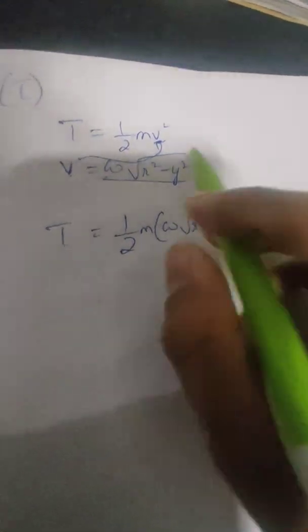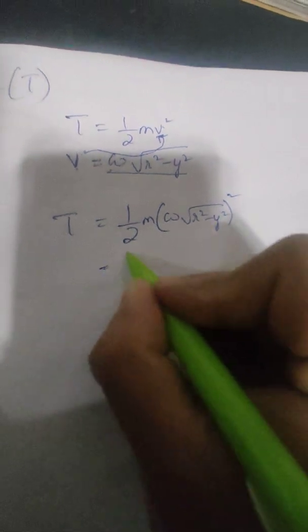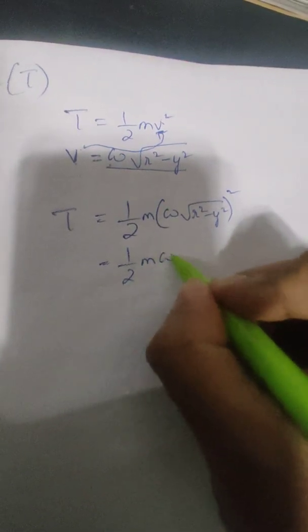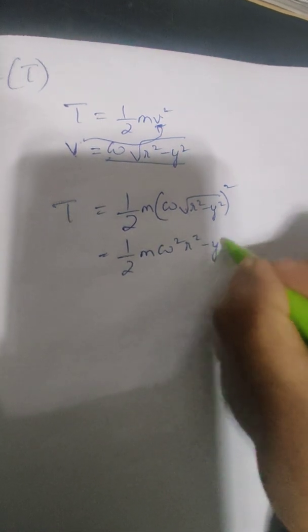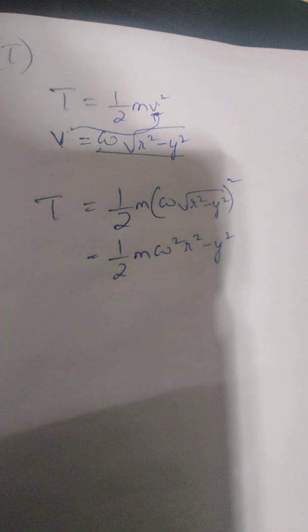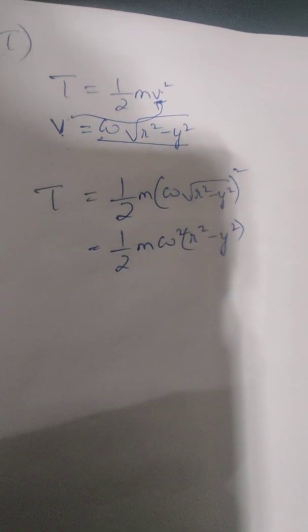So squaring it, it will be half m omega square, actually here the root squared means it will be r square minus y square, right? So we still have to put this inside a bracket, and so this is the kinetic energy, okay?